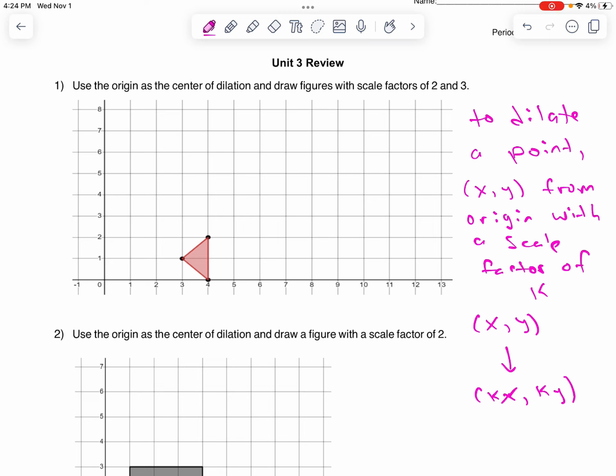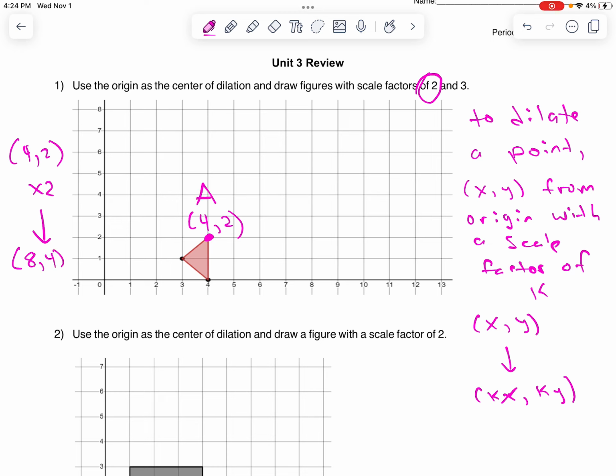Let's go and do a specific example here with this point. So this point right there is the point 4, 2. And we're going to dilate it first with a scale factor of 2. So that means the 4, 2, we're going to multiply by 2, both the x value and the y value, and that point is going to become 8, 4.